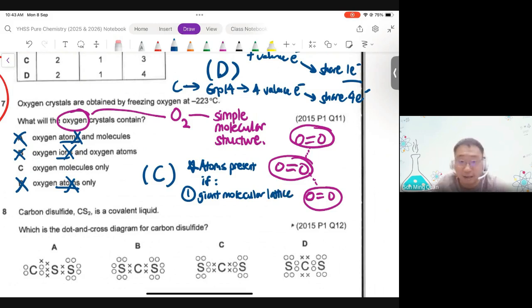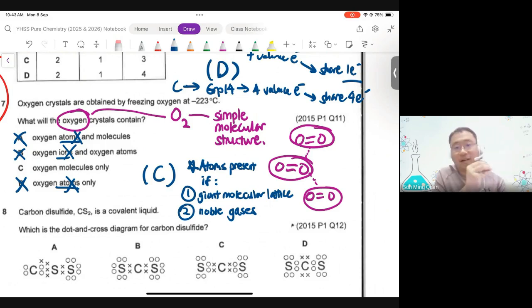Silicon dioxide consists of silicon and oxygen atoms. Graphite, carbon atoms. So if it's giant molecular, then you can have atoms present. The next possibility for atoms to be present is if it doesn't share electrons. So noble gases, group 18, do not share valence electrons because they already have a fully filled outermost electron shell. So group 18 noble gases will exist as atoms.